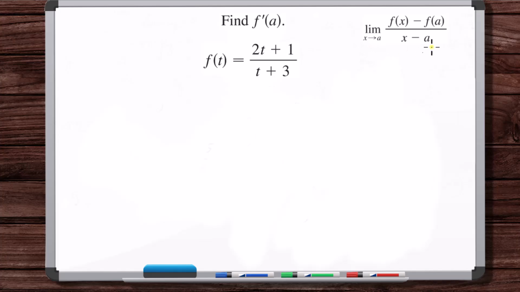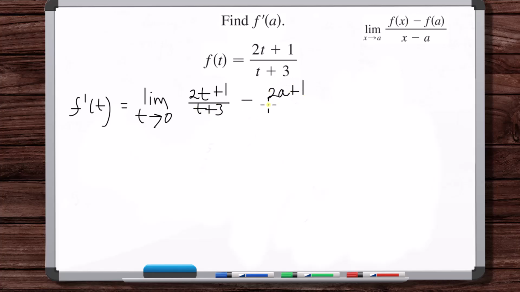Okay, so here let's just go ahead and use the same form. Why not? So f prime of t is the limit as t approaches 0 of f of t minus f of a, all over t minus a. Okay, so the limit as t approaches 0 of, we can create a common denominator here.